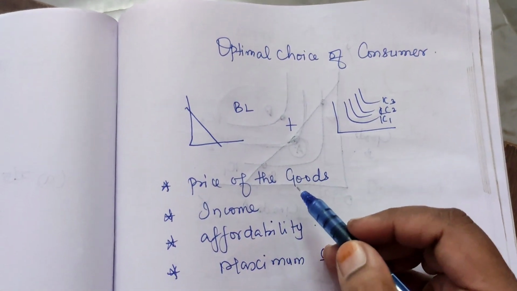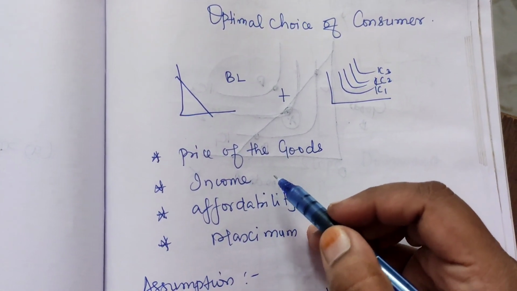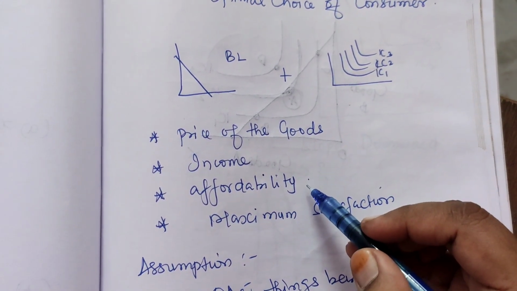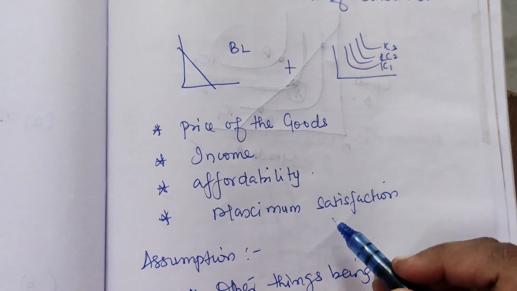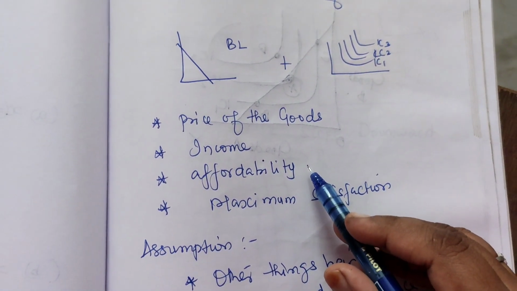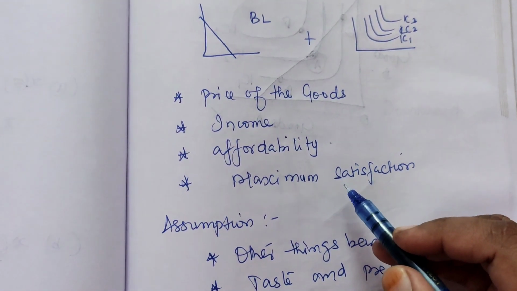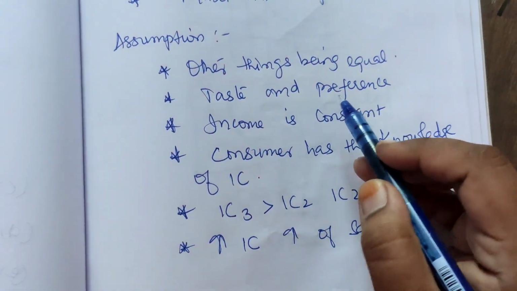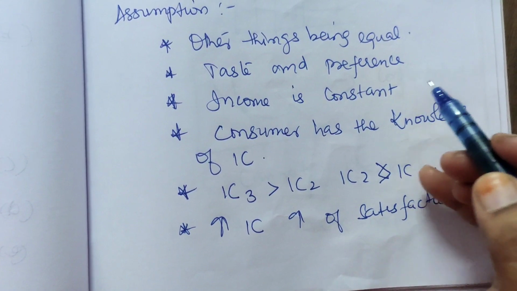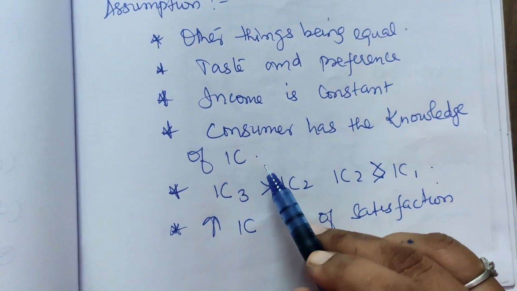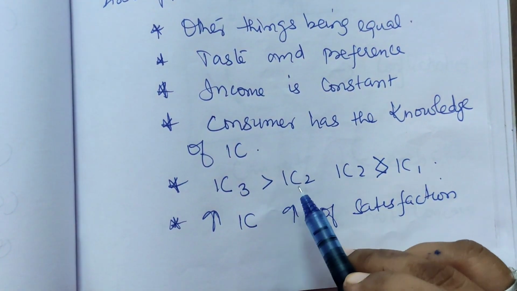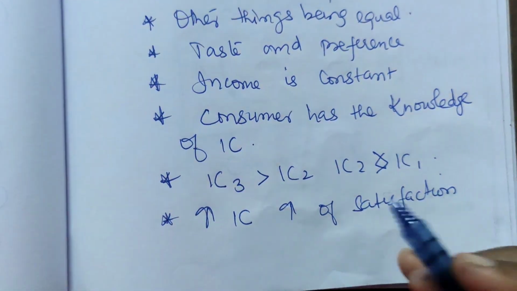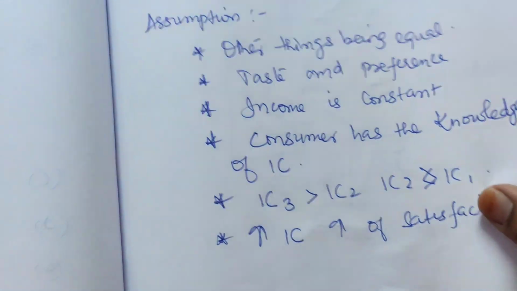Here you need to write the assumptions: the price of the goods is given, income is also known, and we will check the affordability of the consumer, and along with that the consumer will try to get maximum satisfaction. Other things being equal, taste and preference remain the same, income is constant, and the consumer has knowledge of indifference curves. IC3 will be greater than IC2 and IC2 will be greater than IC1. This is the concept: the higher the IC, the higher the level of satisfaction.